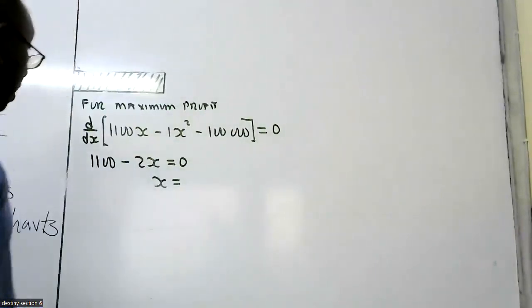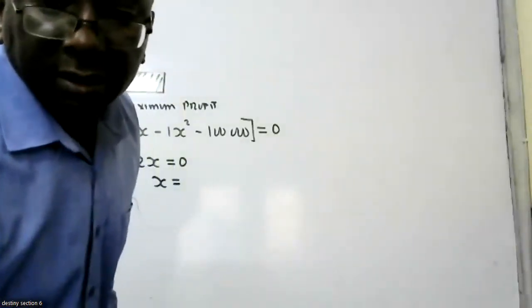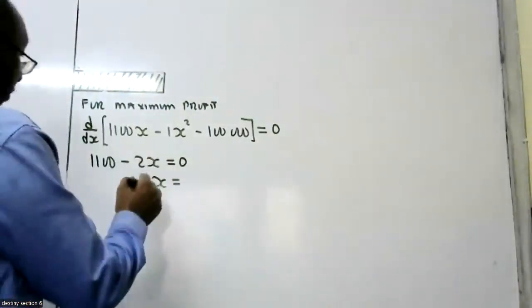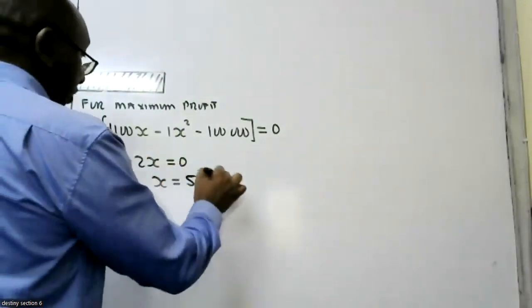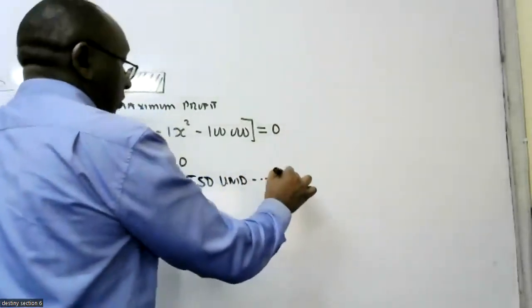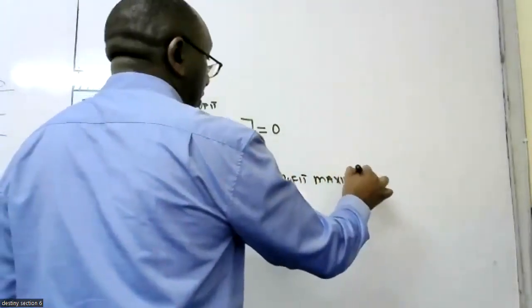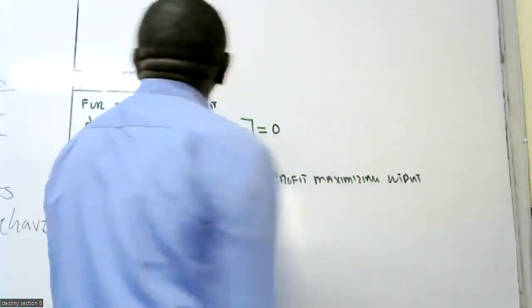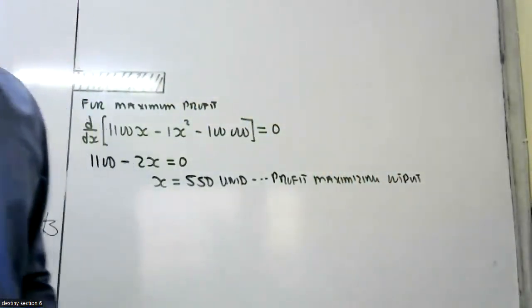Is it 550? Yeah, 550 units. And this is the profit maximizing output.